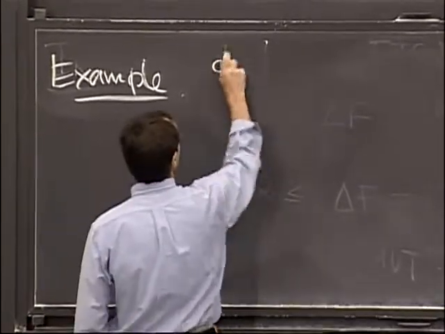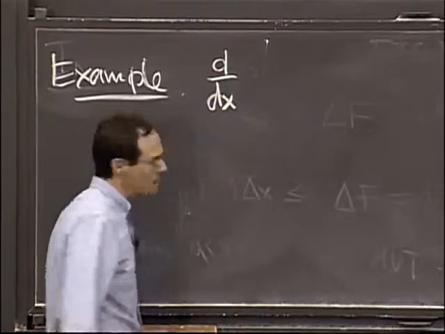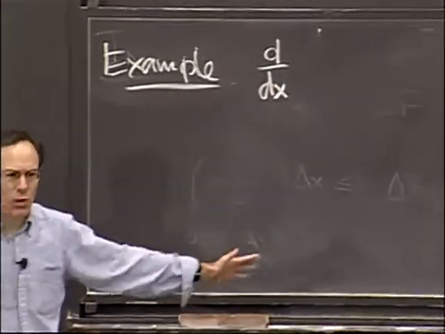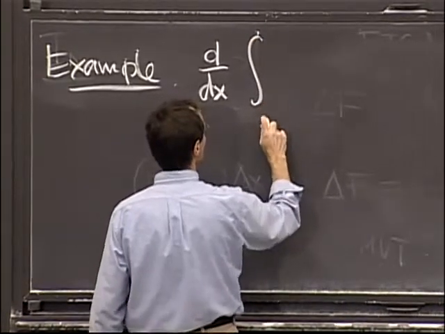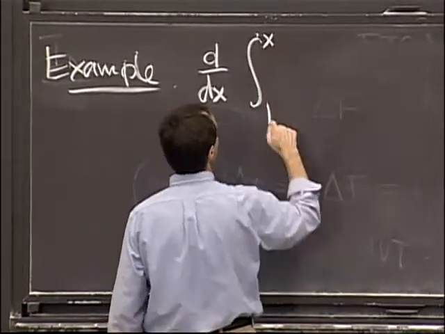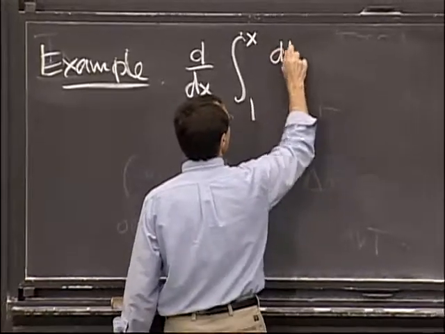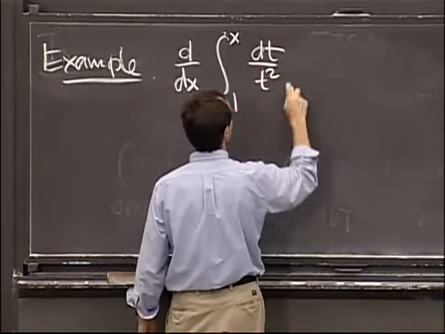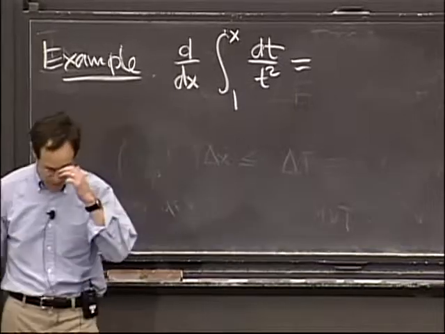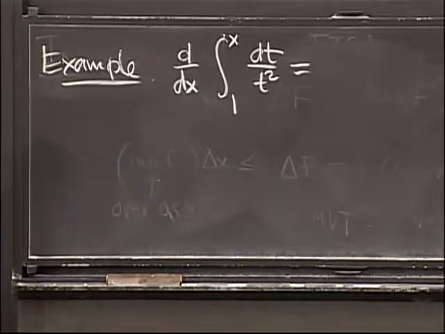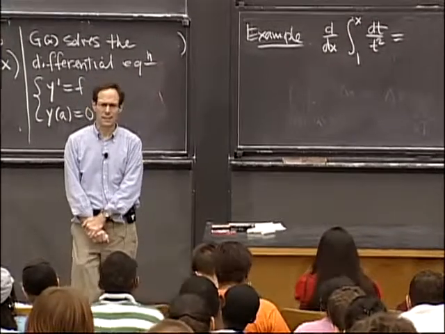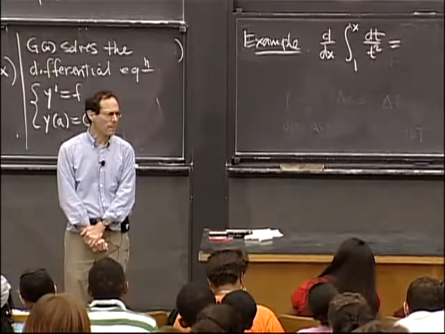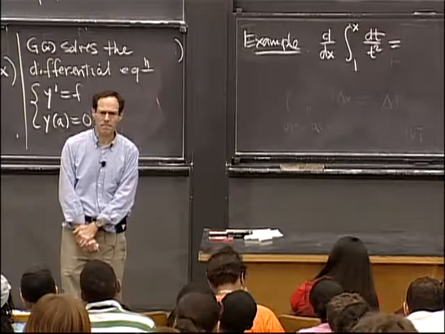But nevertheless, very important because this is the quiz question which everybody gets wrong until they practice it. All right, so the integral from, say, 1 to x of dt over t squared. Let's try this one here. So here's an example of this theorem I claim.